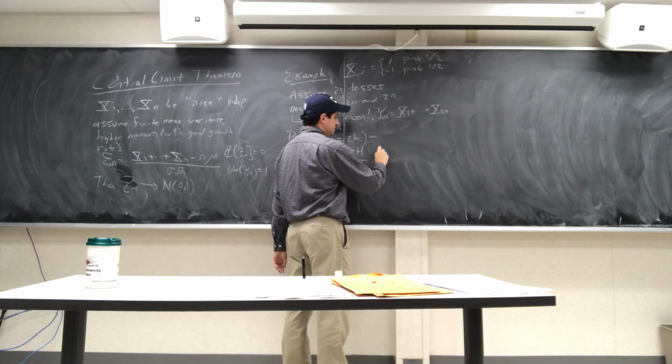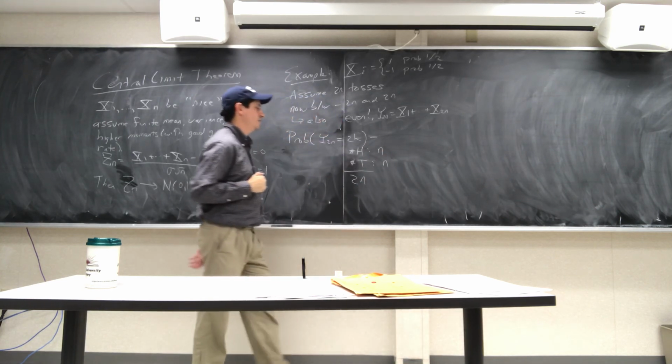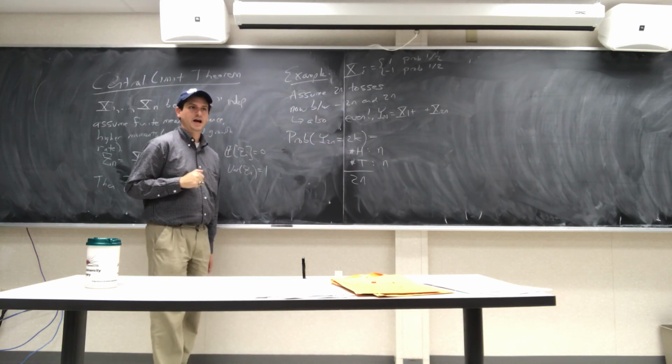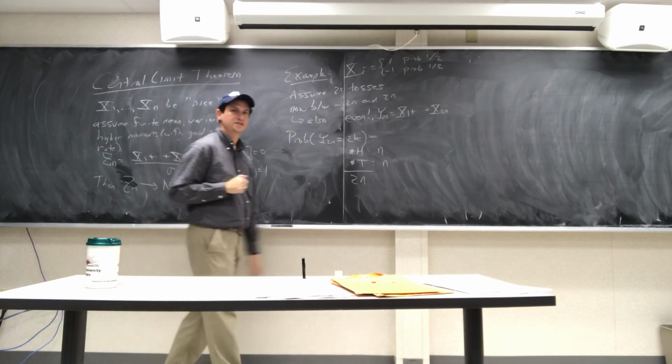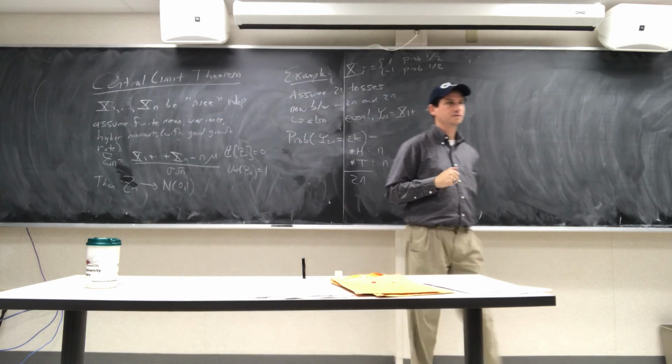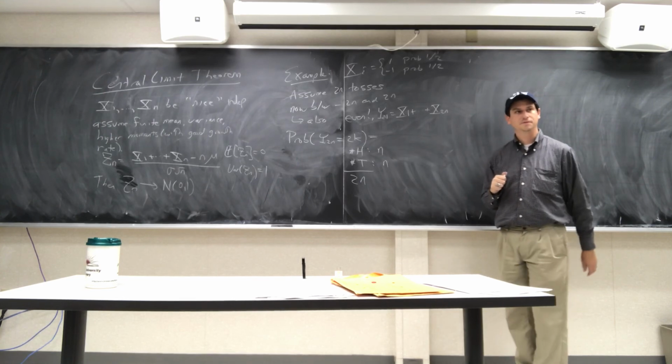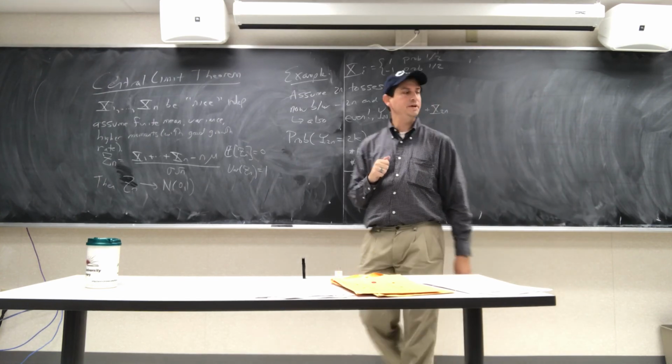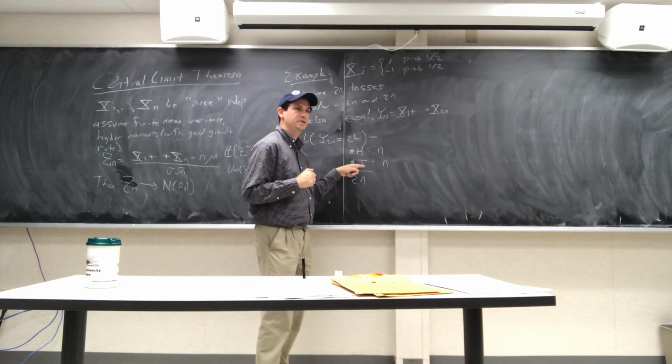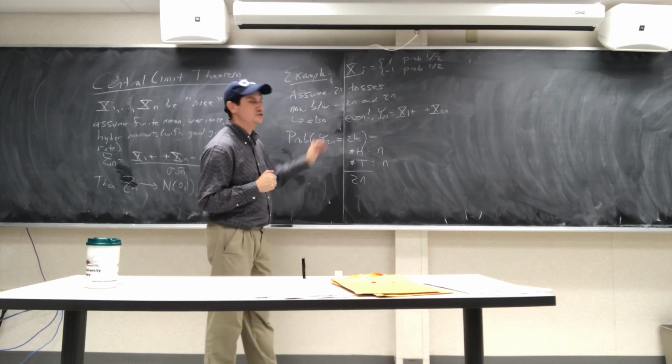So when you want to write this, it seems reasonable to start writing it as n and n. And then what's the excess in number of heads to number of tails? Subtract. Okay. So how many heads do you think I have and how many tails do you think I have? I've got a net 2k.